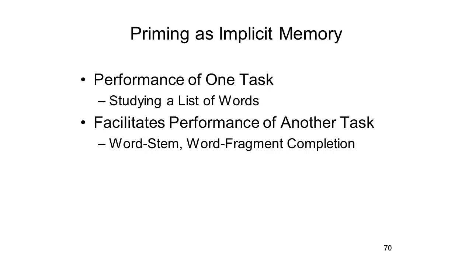In priming, performance of one task, like studying a list of words, usually facilitates performance of another task, like performance on a word stem or fragment completion test. There are lots of different kinds of priming. In positive priming, which is what we've been talking about here, the first task facilitates performance of the second task.